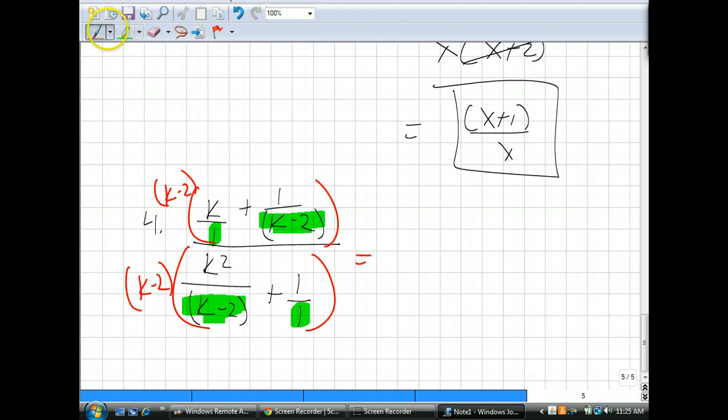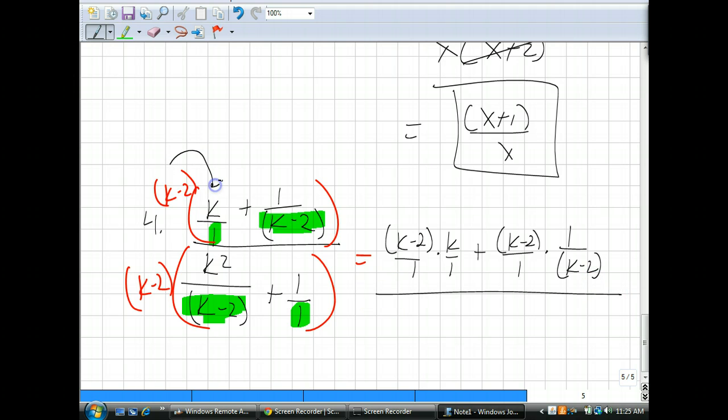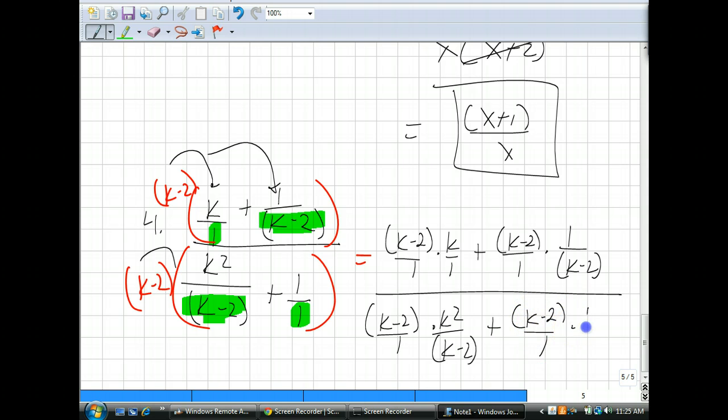So if we distribute, we get k minus 2 over 1 times k over 1 plus k minus 2 over 1 times 1 over k minus 2, and all I did here was distribute to each one. And on the bottom I'm going to distribute this, so I have k minus 2 over 1 times k squared over k minus 2 plus k minus 2 over 1 times 1 over 1.